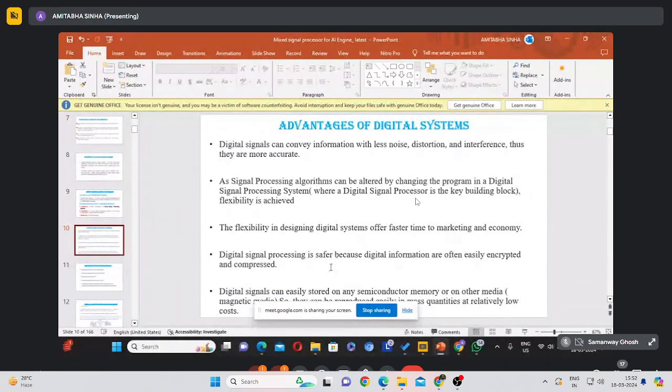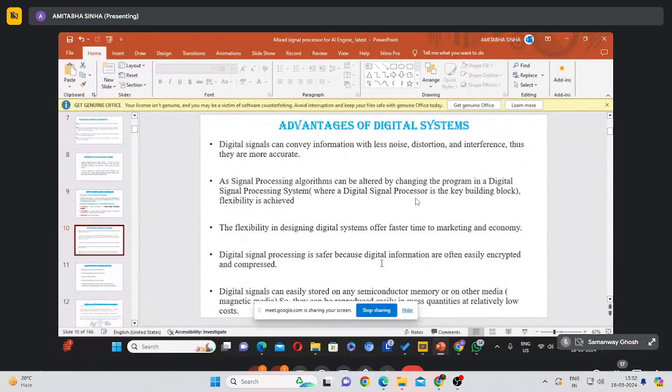Even for designing a software-defined radio, where, let's say, a commander is giving instructions or commands to his soldiers, and in between, if somebody can decrypt it, the information might be leaked.